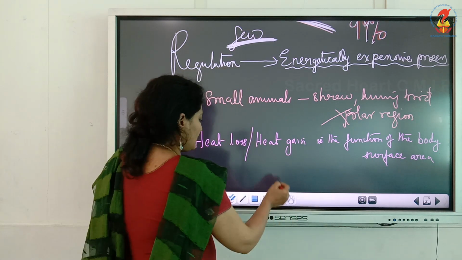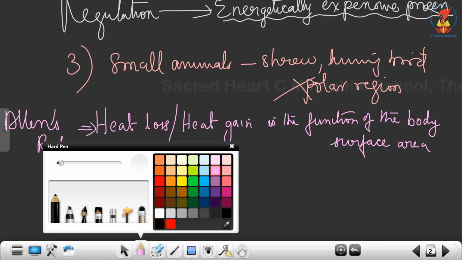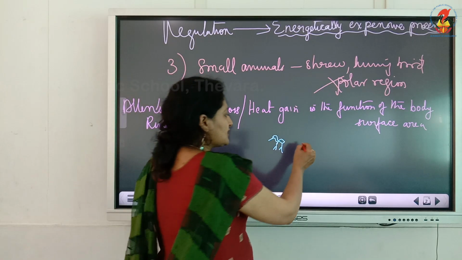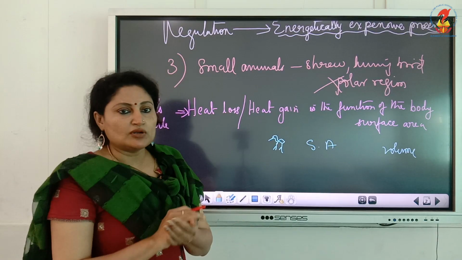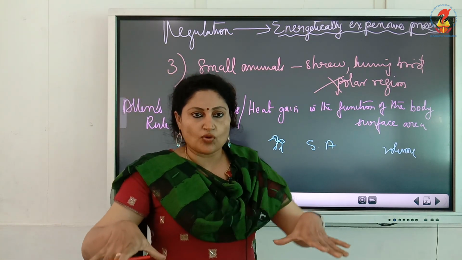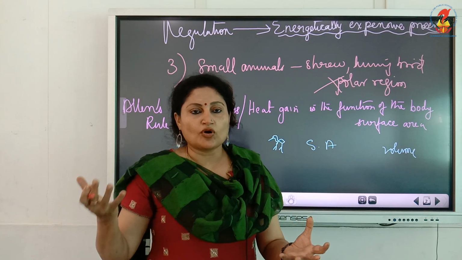When we apply this in context to the hummingbird, we know the hummingbird is a very, very minute, very small bird. When we compare its surface area to the volume, which will be more? Imagine a small bird covered with skin; you cut out the skin and spread it open and calculate the area, and measure its volume.